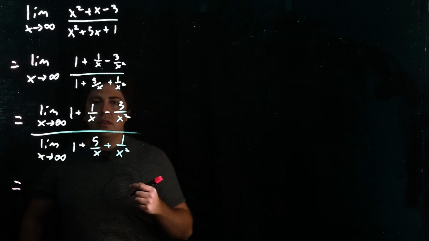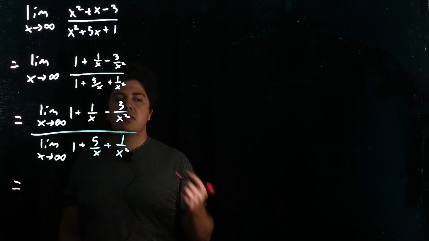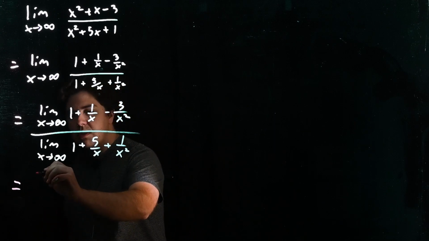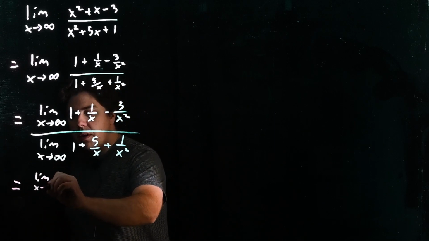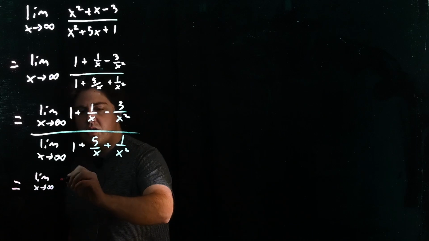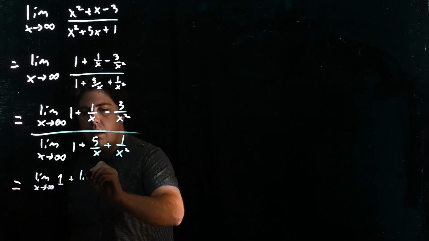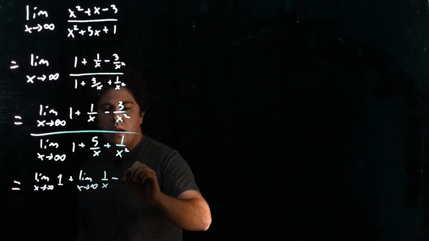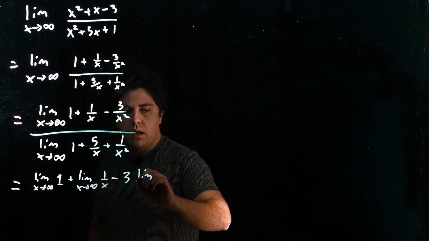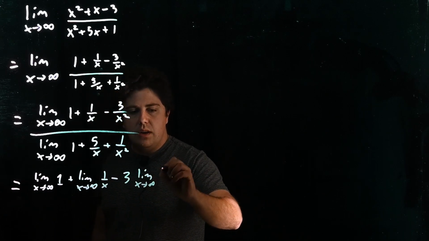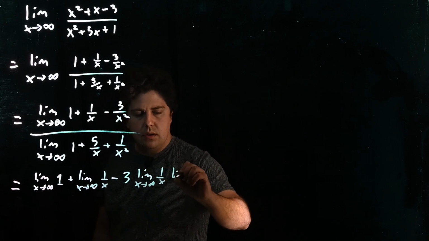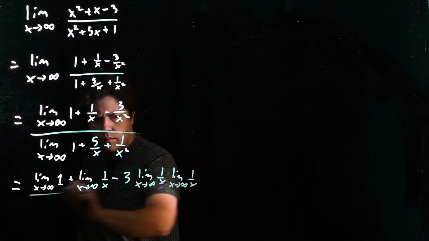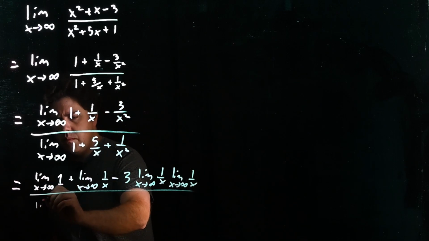By, and I won't write them all down, but by sum of limits, constant multiple, product, etc., just the same rules we've been using, we can turn this top thing into the limit as x goes to infinity of 1, plus the limit as x goes to infinity of 1 over x, minus 3 times the product of these two guys here, 1 over x and 1 over x, all over similarly on the bottom.